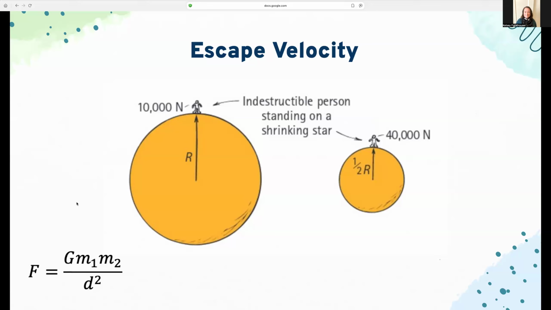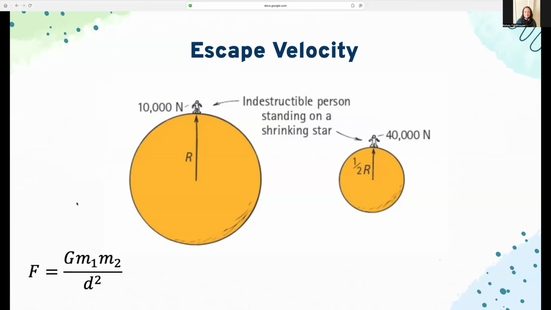If the star continues to shrink, the force of gravity on the surface will continue to grow, and it will be harder and harder for our indestructible astronaut to escape from the surface. The escape velocity is the velocity required to escape from the gravitational pull of a planet or a star.